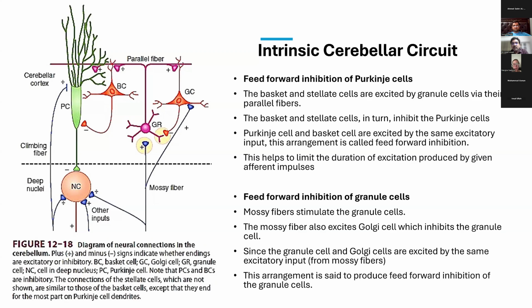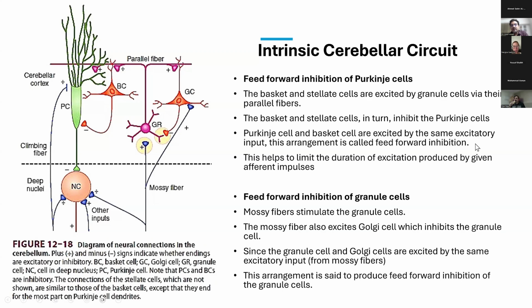How does it stop? How much does it have to be stopped? So it also depends upon the coordination, equilibrium, muscle tone, which is again controlled by the cerebellum, especially the intrinsic system of the cerebellum. So what is the intrinsic cerebellar circuit all about?